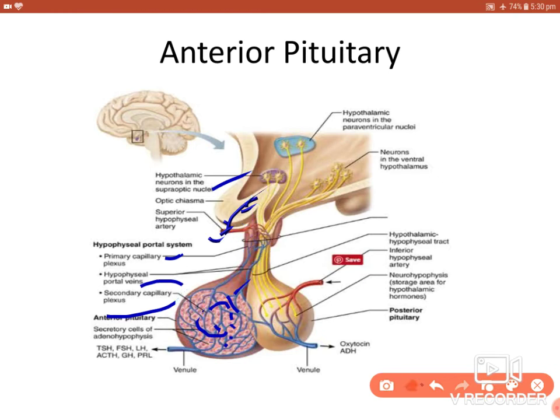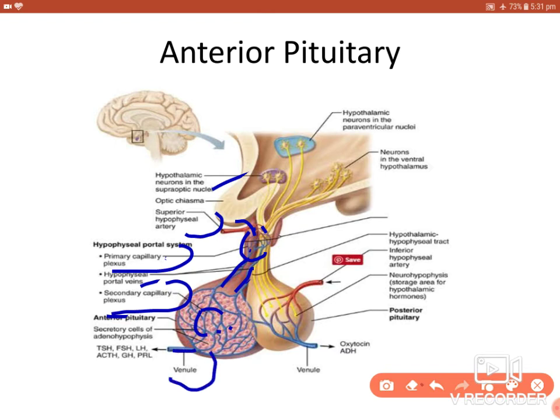So relating to the anterior pituitary, here is the superior hypophyseal artery. It divides into the capillary plexus, that is the primary capillary plexus. From there, long portal vessels come. Here it forms the secondary capillary plexus. From there, the secretions go to the venules, to the cavernous sinus and then the systemic circulation. So the releasing factors reach the primary plexus, and from there the secondary capillary plexus.